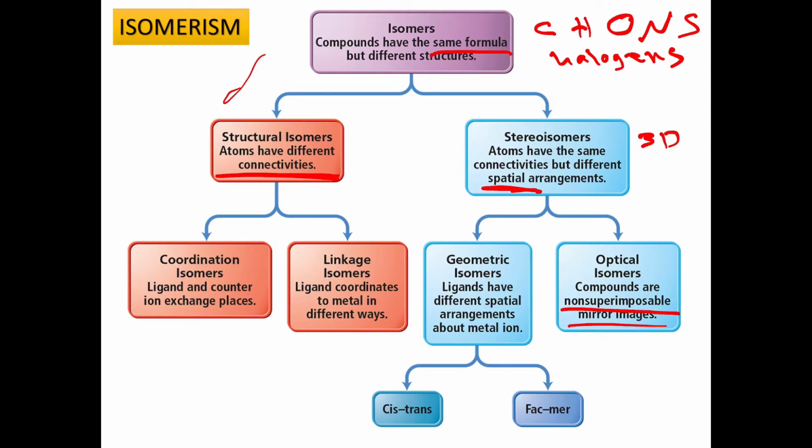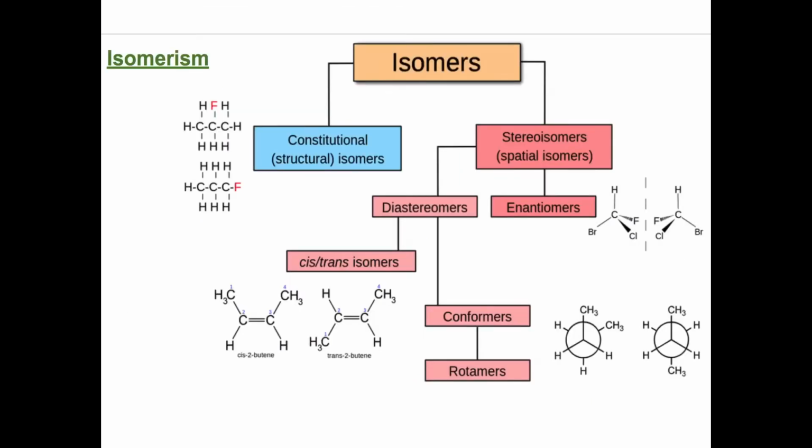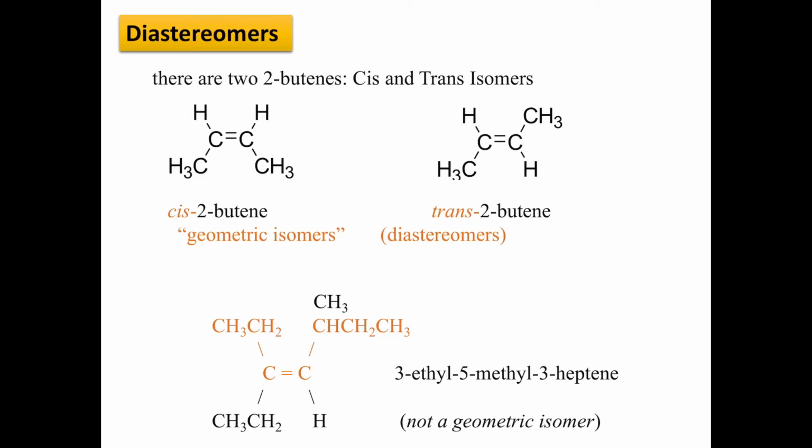The ligand coordinates to the metal in different ways. That means the linkage between the metal and ligand is different. Coordination is the ligand and counter ion. We have discussed that slide before clearly, so I'm going to skip it.